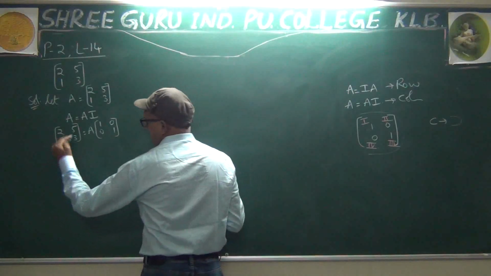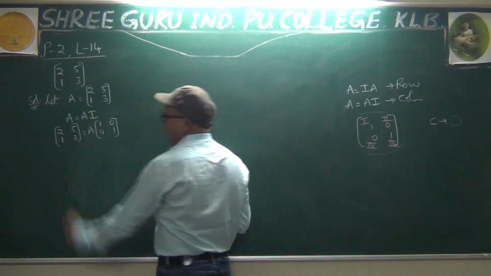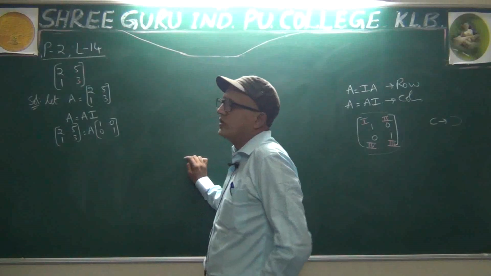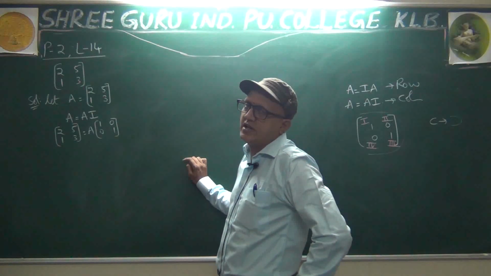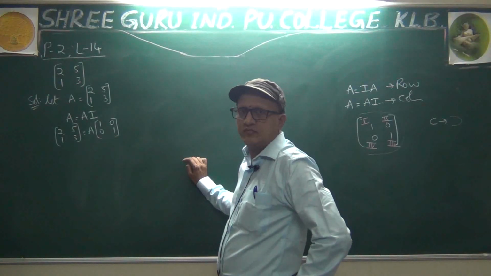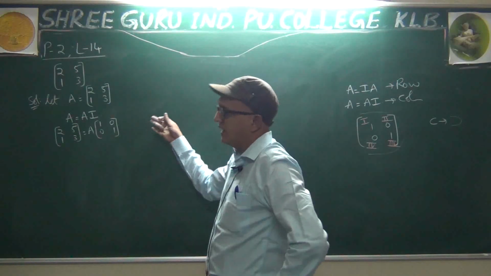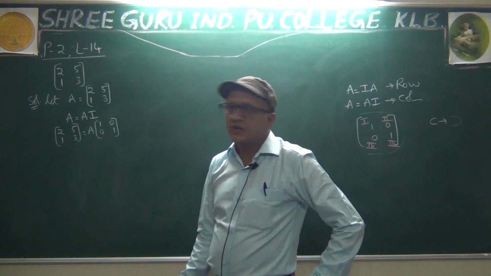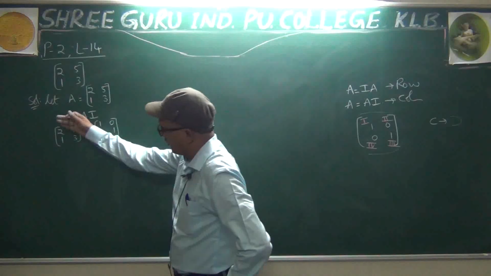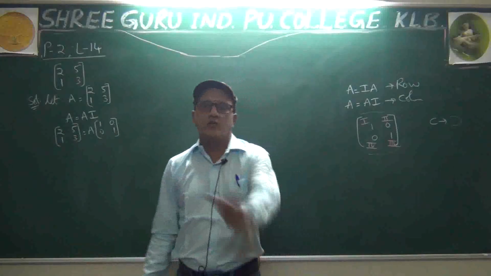Sir, here 1 is there. You can interchange these two. Yes, no doubt you can interchange if we are doing row operation. Here we are learning column operation. Sir, in this step can I do row operation and from the next step onwards column operation?